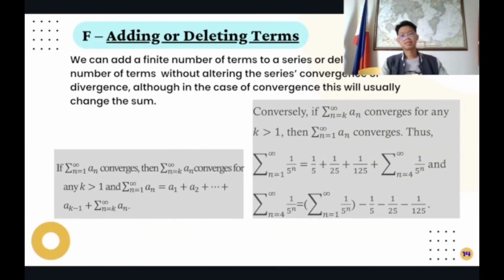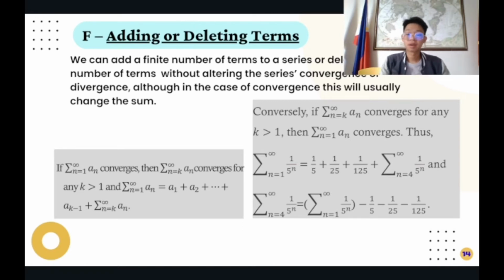Adding or deleting terms. We can add a finite number of terms to a series or delete a finite number of terms without altering the series' convergence or divergence, although in the case of divergence, this will usually change the sums.